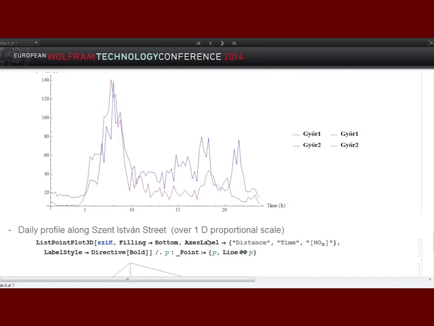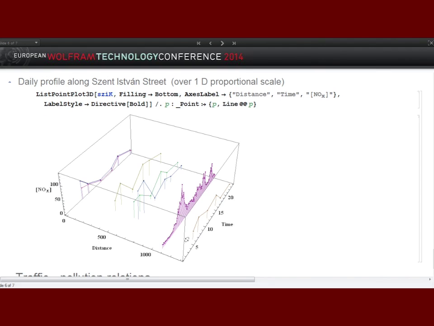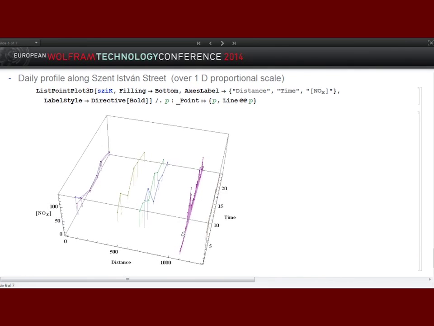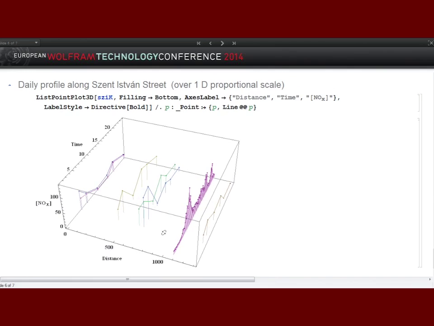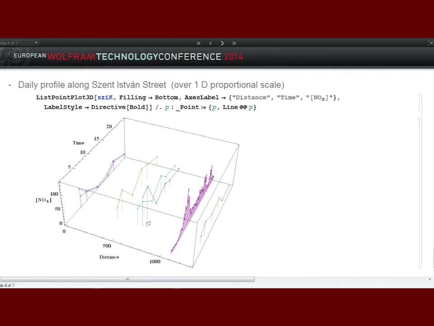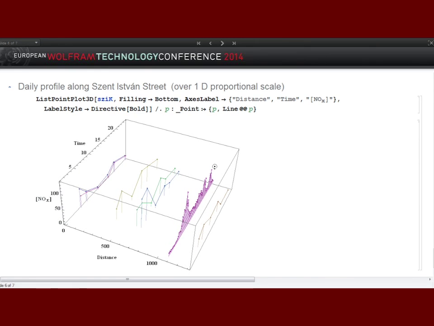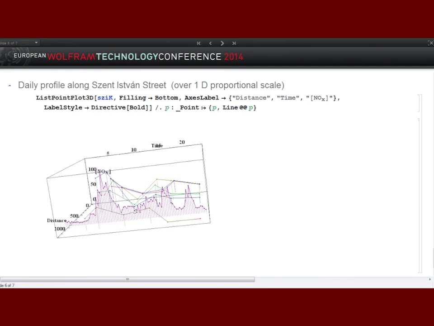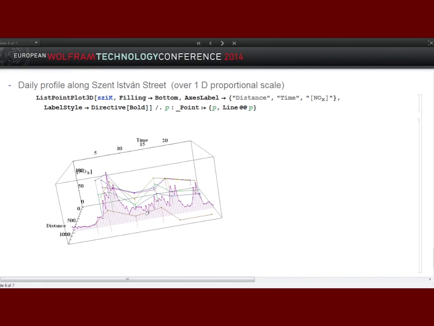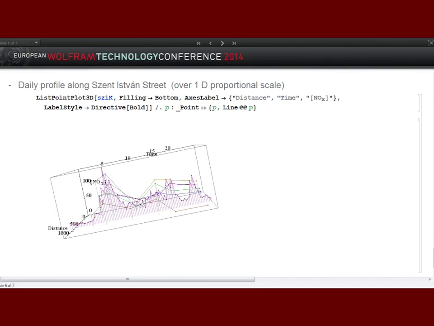So this is a projection again, and this is the real distance between the sampling points. And these are the measurements, the daily profiles, and that one is the container data. I try to move it straight back, so we can see that the morning peak is almost the same everywhere, but in the afternoon we have remarkable differences.